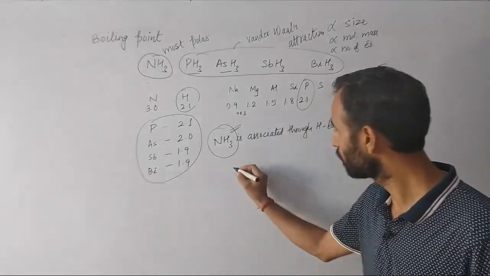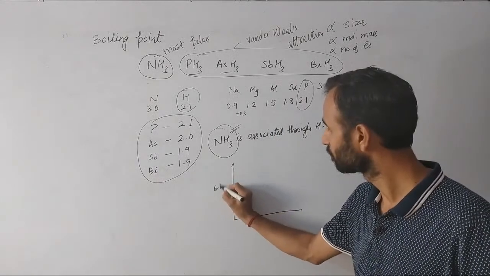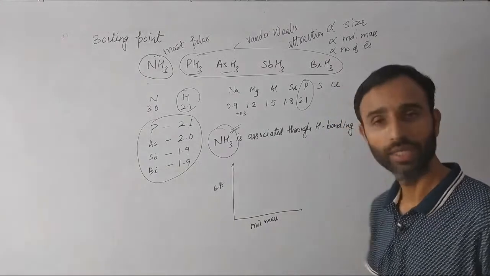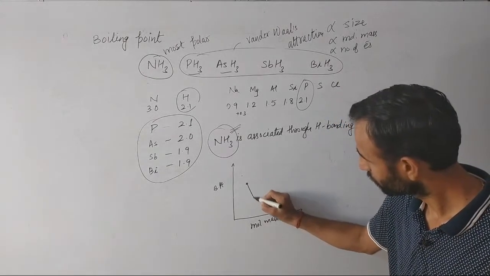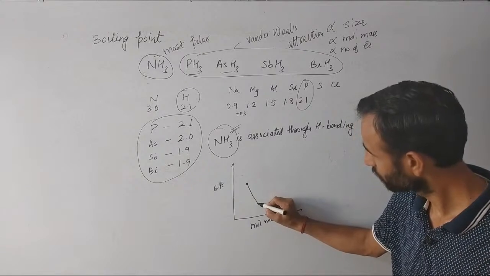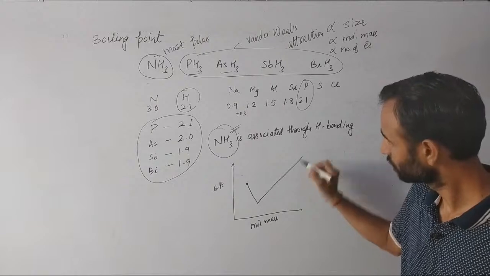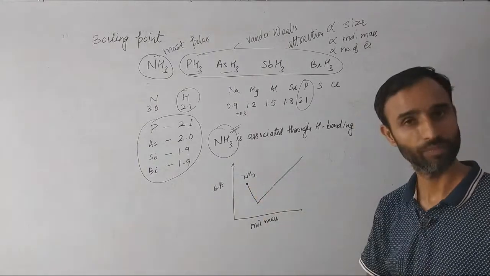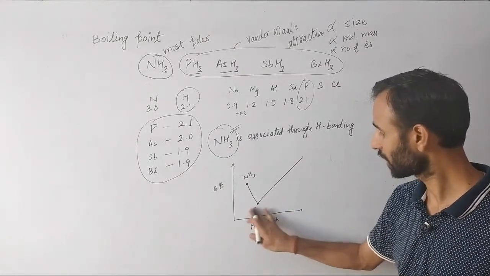That's why if we plot a graph of boiling point versus their molecular mass, it is like this. This is NH3. This one is PH3.